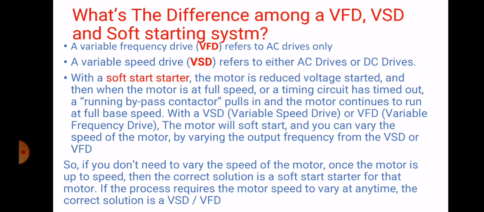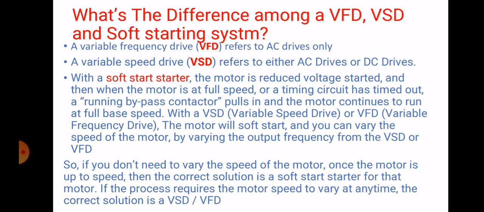If the motor reaches full speed, then you cannot vary the motor speed. This is the disadvantage of a soft starter. You use a bypass circuit for soft starting of the motor. Once the motor has started and reached full RPM, you cannot control the RPM and speed of the motor.